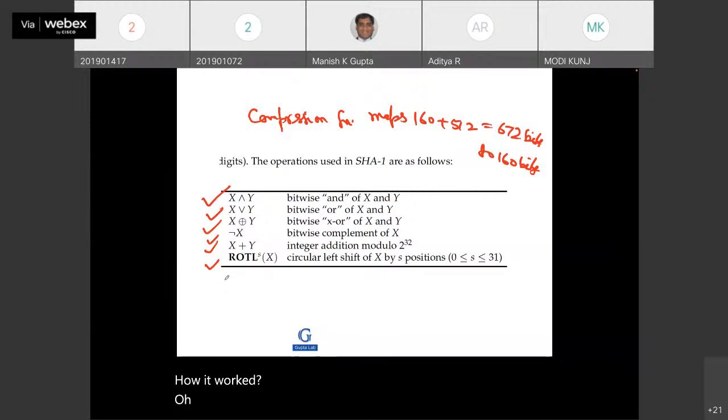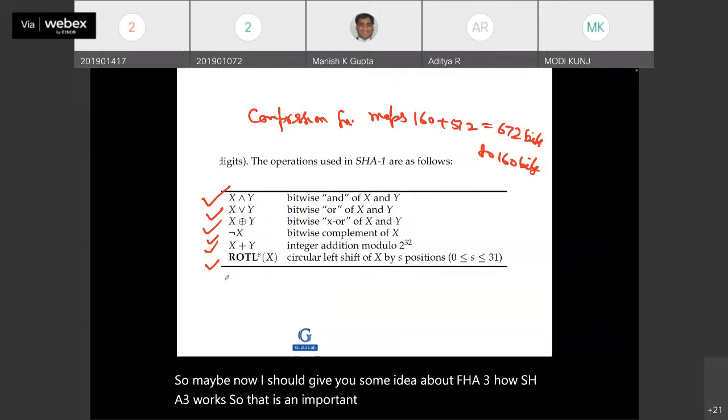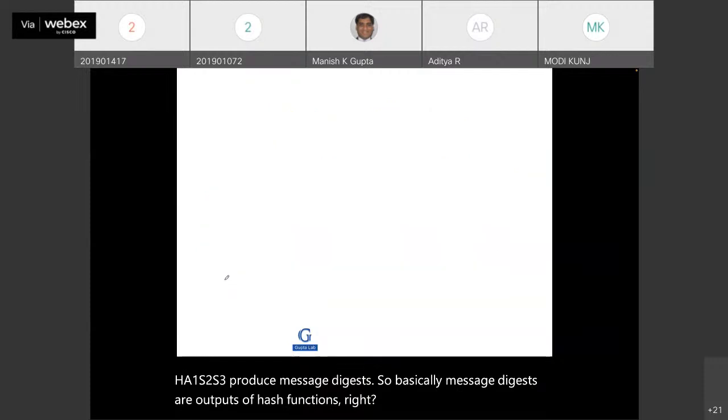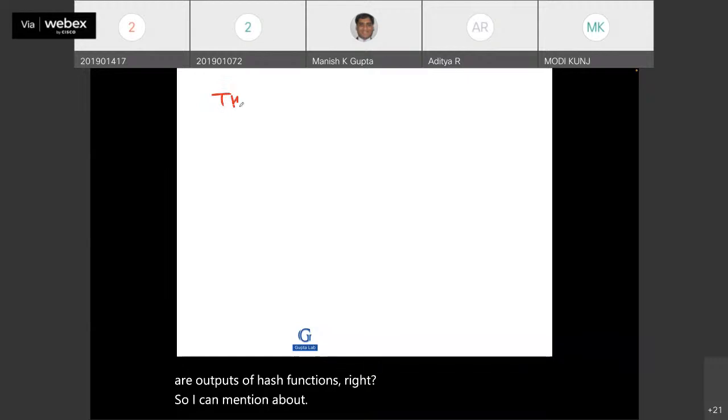Maybe now I should give you some idea about how SHA-3 works. That is an important one. All these MD4, MD5, SHA-1, SHA-2, SHA-3 produce message digests. Basically message digests are outputs of hash functions, right? So I can mention the sponge construction.